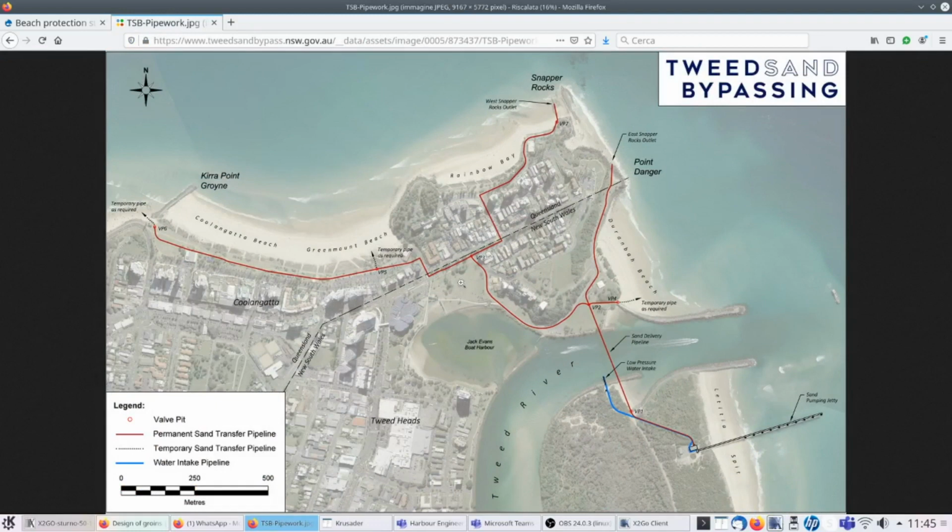Okay, what you can see here, I clicked on operations and sand delivery in the website. So here you see this is a coastline in Australia, as I said. You see that there is a river which is entering into the sea, and what happens when a river gets into the sea and you have a longshore sediment transport. Basically here the sediment transport comes from the bottom right of the picture and goes upwards in the picture along the coastline.